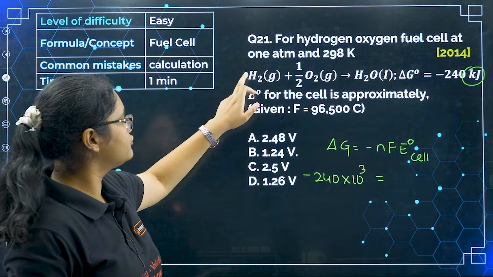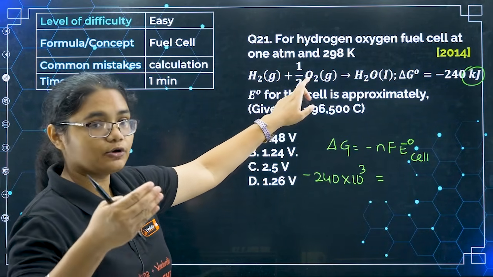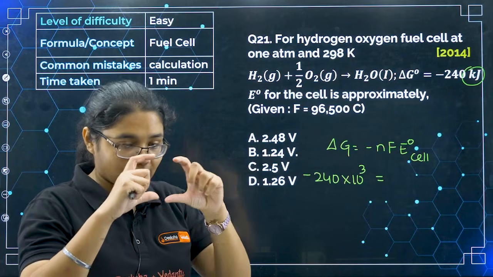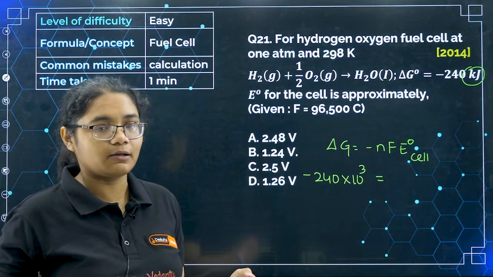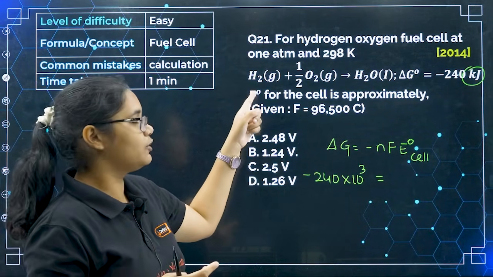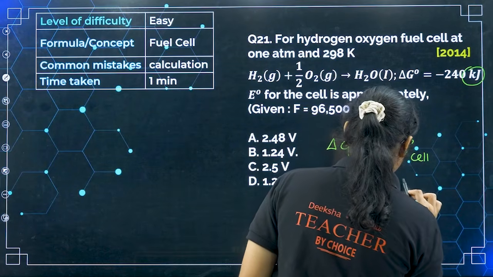We have reduced H2 from 2 moles to 1 mole, oxygen from 1 mole to half mole and water from 2 mole to 1 mole. So if the number of moles has become half, the number of electrons required will also become half. So for 2 moles of H2 we required 4 electrons. For 1 mole of H2 I will require 2 moles of electrons, or N value will be 2.